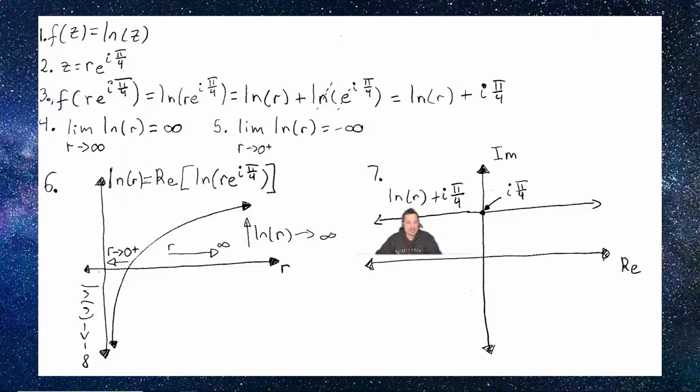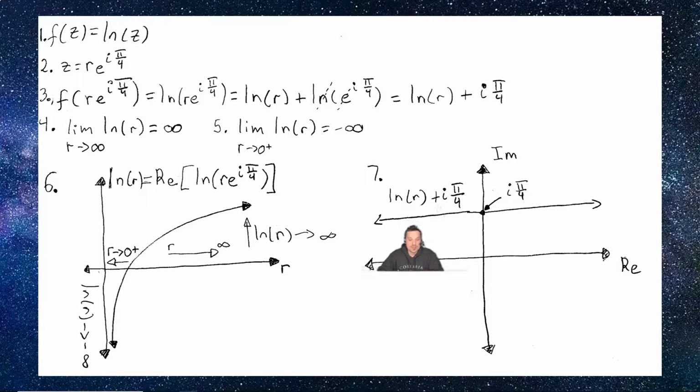Let's make sure we understand the connection. When r goes towards infinity, ln of r also goes towards infinity. That tells you this line goes forever this way. For the second part, where r approaches 0 from the right and ln of r goes towards negative infinity, that shows up in the picture by going this way, forever to the left. At each point on that line, the value is i pi over 4 plus a particular value of ln of r.